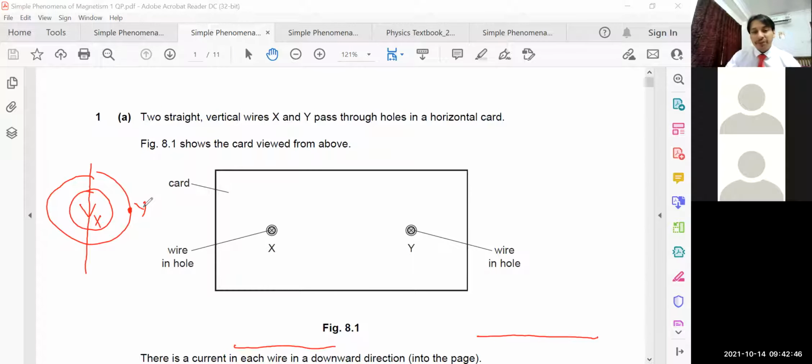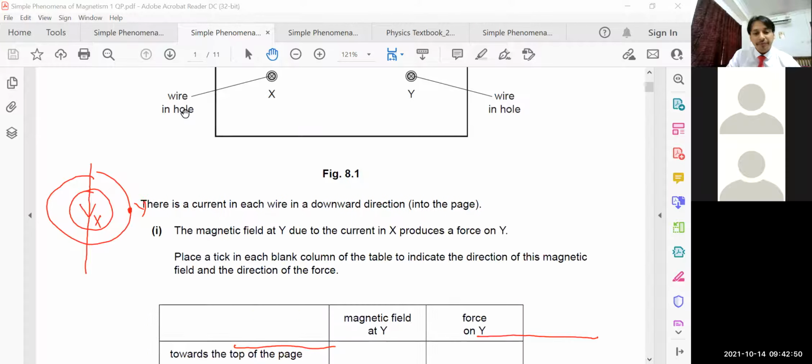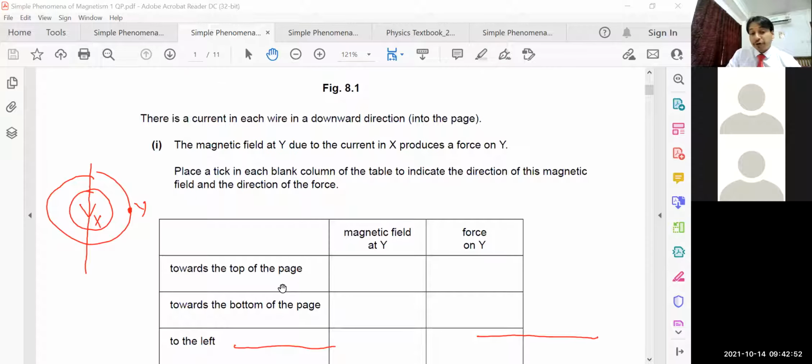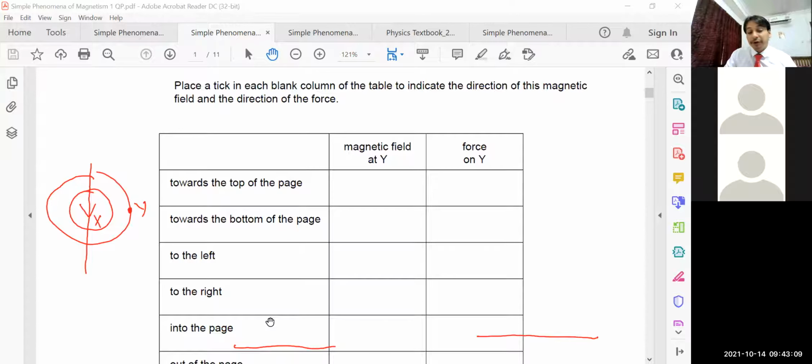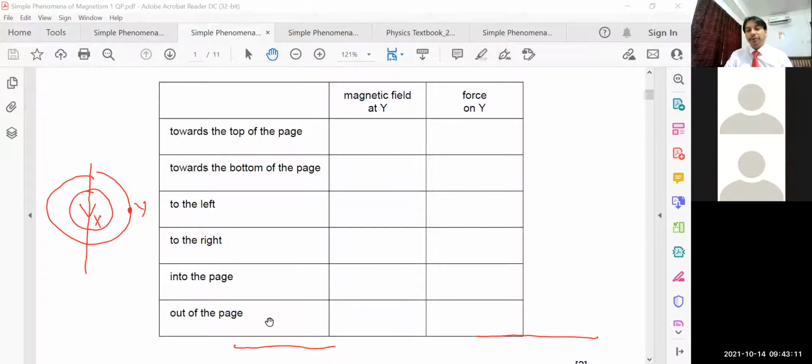Now, as per the options, what are the options given? Towards the top of the page? No, this is not the top of the page. Towards the bottom of the page? Is the magnetic field at the bottom of the page? To the left side, to the right side, into the page, out of the page.